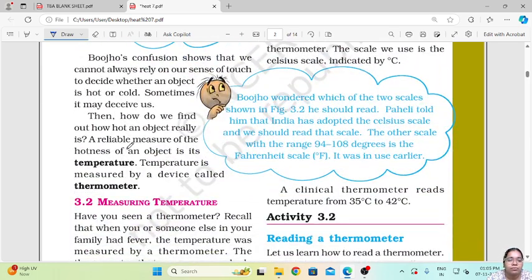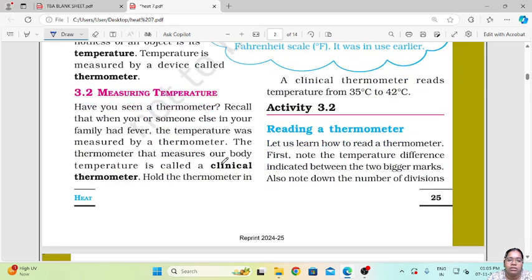A measure of the hotness of an object is its temperature, and temperature is measured by a device called a thermometer. There are two types of thermometers. The first one is a clinical thermometer.